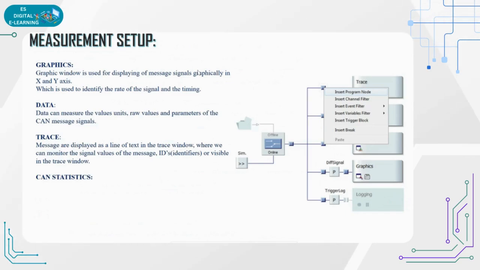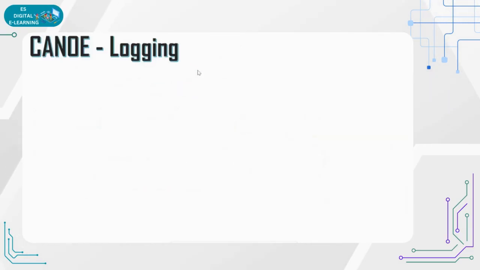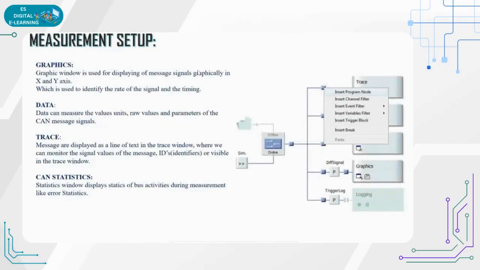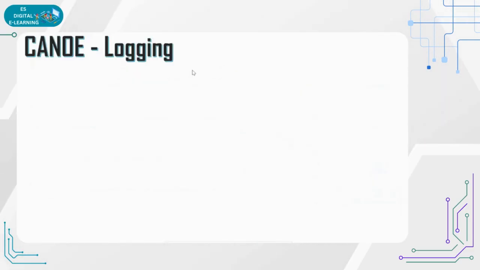CAN statistics is used to check the signals or messages that you are sending, whether there is anything stuck on the bus network, how many messages we are able to transfer, and to store and save that information on the fly.